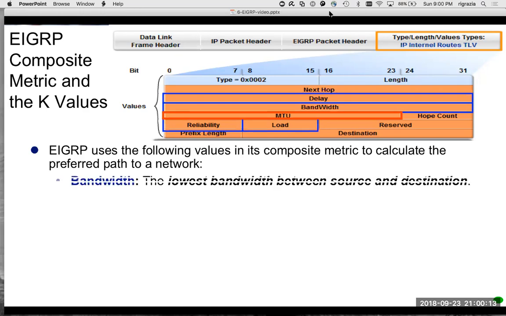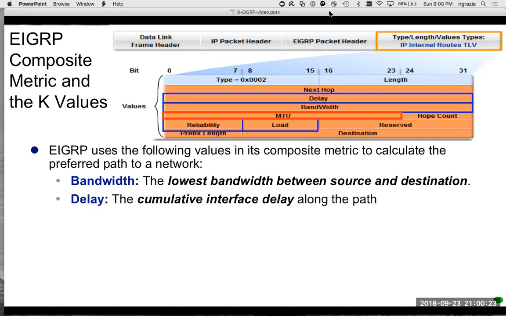So EIGRP uses bandwidth, and actually uses the lowest or slowest bandwidth between the source and destination. We'll talk about this. Delay is the cumulative interface delay along the path, and we'll talk about that in a moment as well. Bandwidth and delay are used by default.